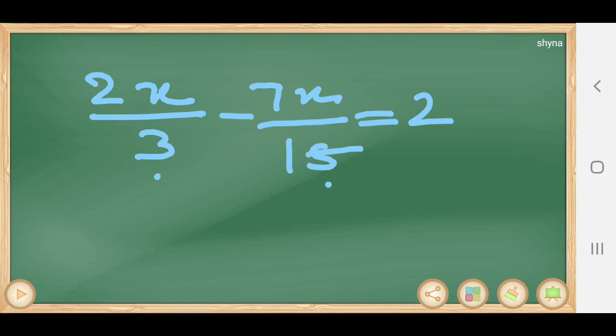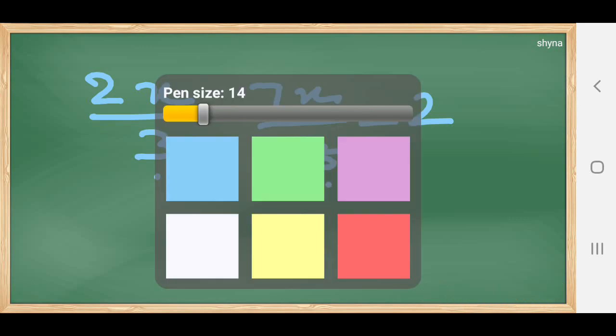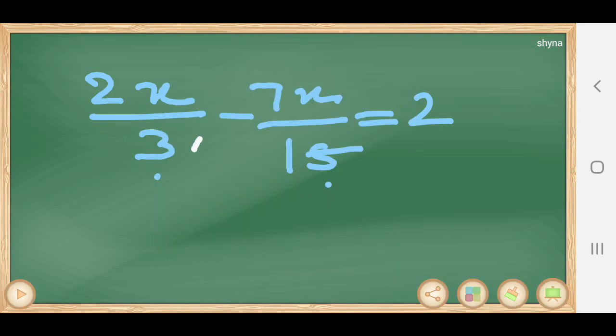You can very easily make 3 as 15. How? Multiply 3 into 5. At the same time, here also you have to multiply with that 5, because 3 into 5 equal to 15. We have to make 3 into 15, so you have to multiply with 5.